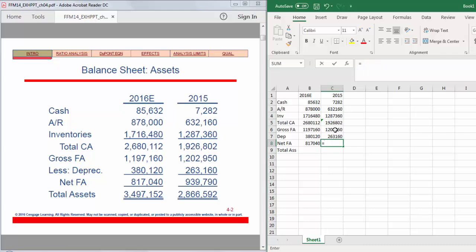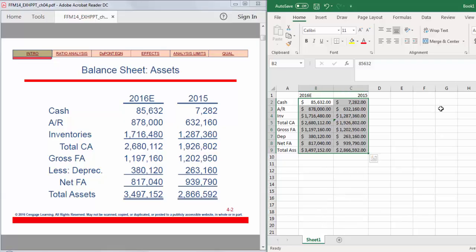Okay. There you go. And total asset is going to be the total of total current asset plus the net fixed asset. And the same thing, just copy it here. So there you go. So we have recreated our asset side.